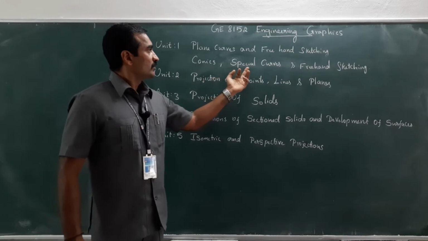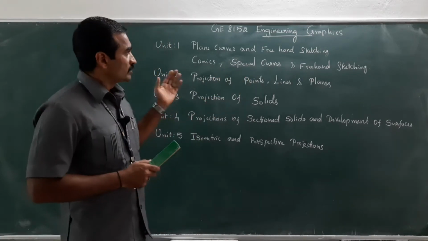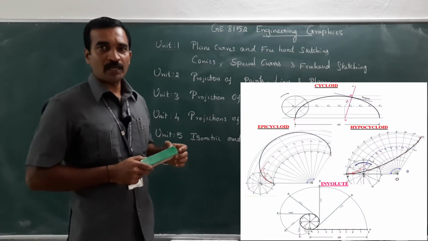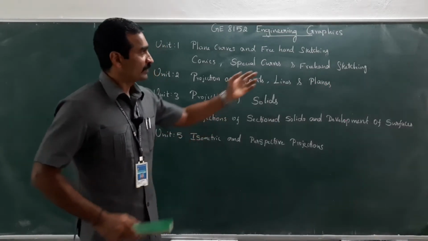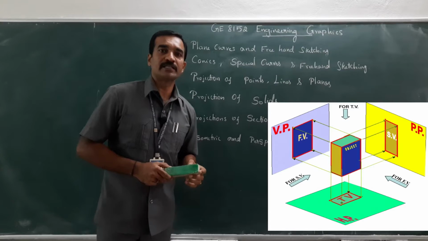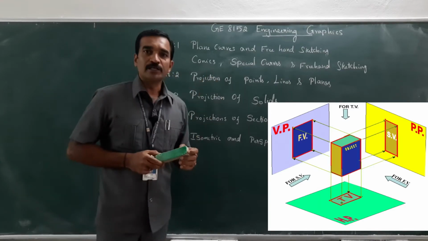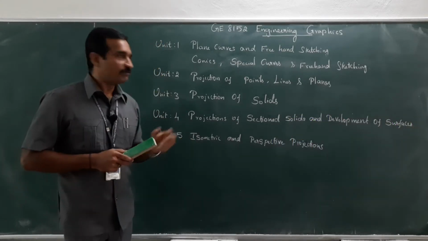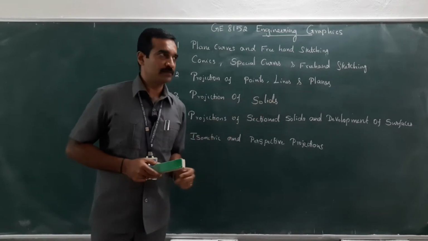When it talks about special curves, the cycloidal curves are further classified into three: cycloidal, epicycloidal and hypercycloidal curves. Then freehand sketching is nothing but the orthographical projection. It's a two-dimensional drawing.